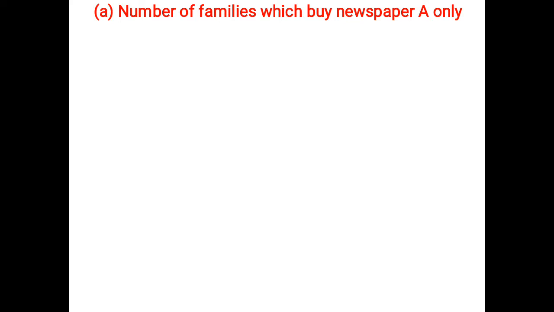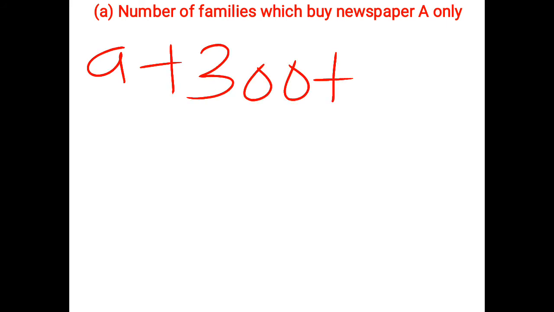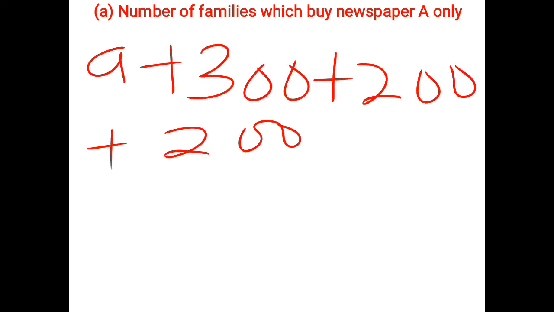Okay, so the number of families which buy newspaper A only, where we have put A. So we are saying A plus 300 plus 200 plus another 200 should be equated to the full circle, which is 4,000.